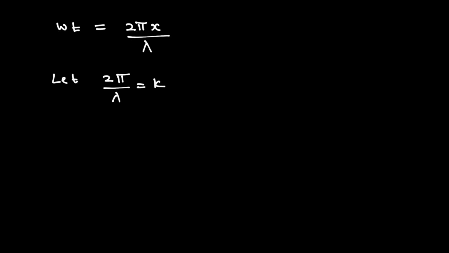So we know that omega t equals 2 pi x over lambda, since we've cancelled out the t's. Therefore, let 2 pi over lambda equals k. We might then write omega t equals kx.